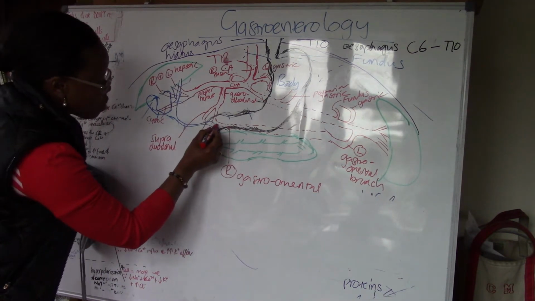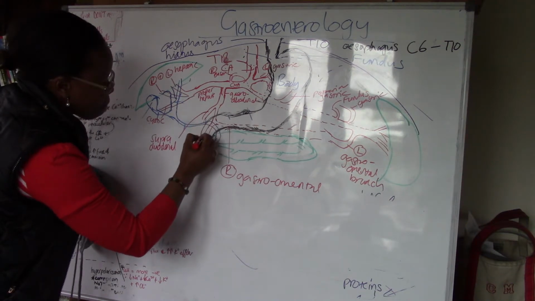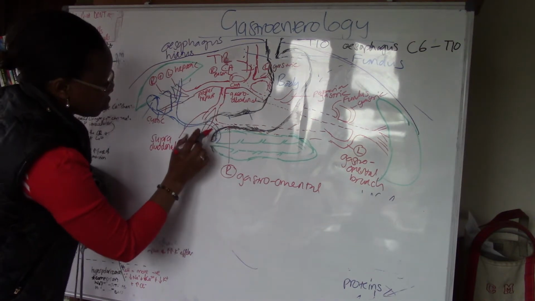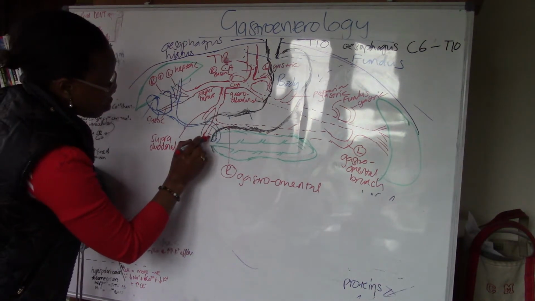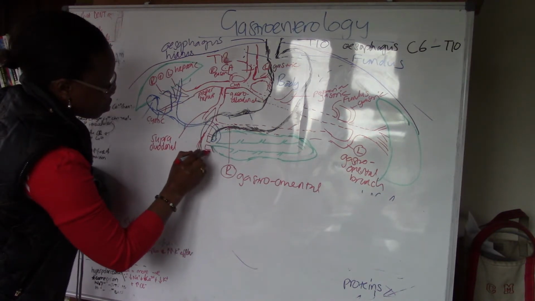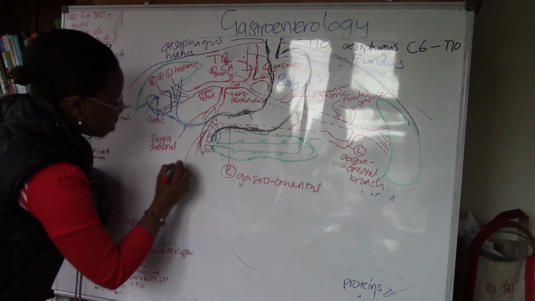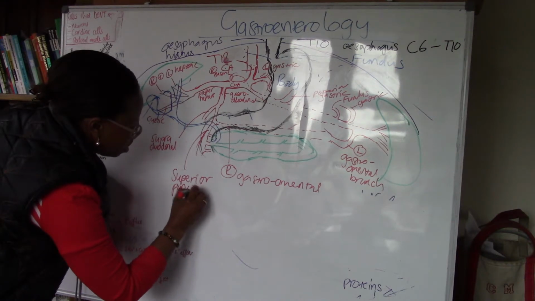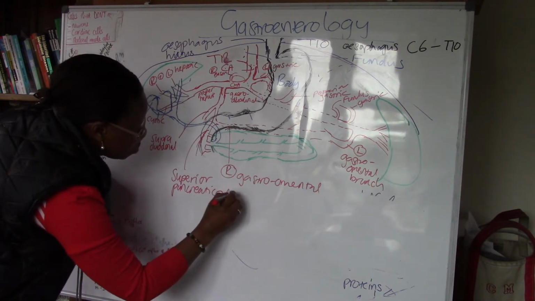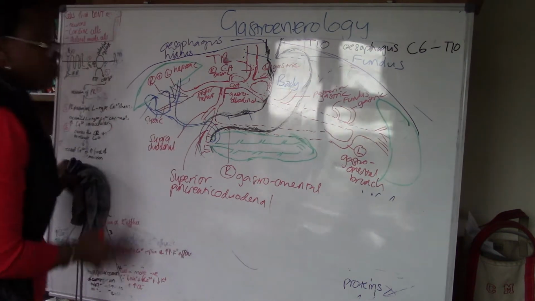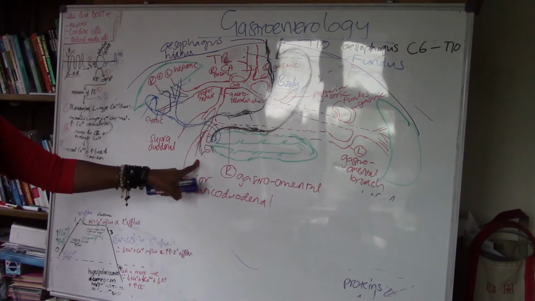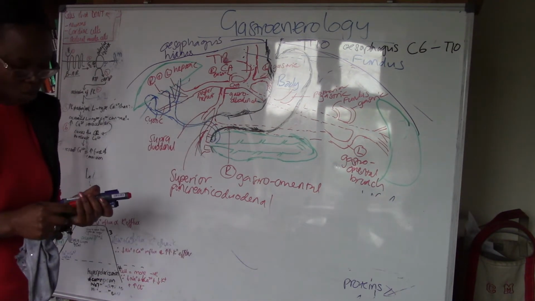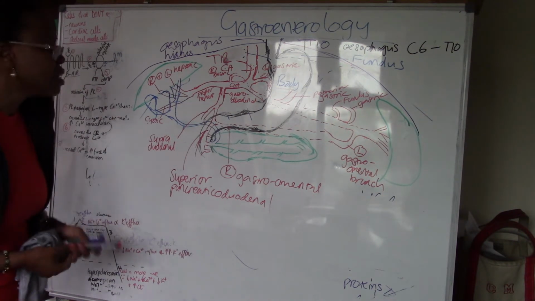There will also be the supra... No, in fact, it's the superior pancreaticoduodenal artery, which then anastomoses with the inferior pancreaticoduodenal artery as well, which actually arises from the SMA.